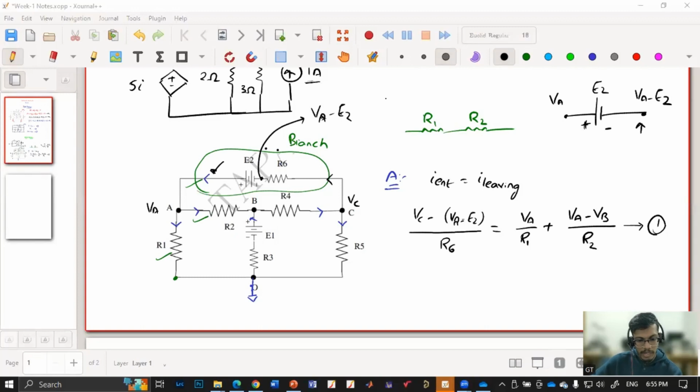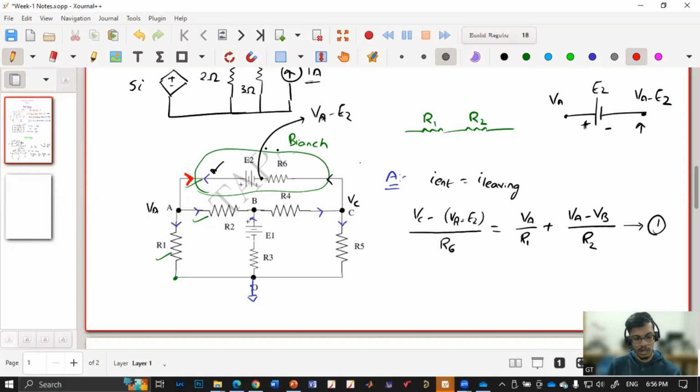Can we write VA minus E2 minus VC by R6? No, we cannot write that, because if I write VA minus E2 minus VC, then it means my current is flowing from VA to VC. So let me use a red color. From the expression that you have written, the current is in this direction, right? So if from a node all the currents are leaving, then what does it mean?